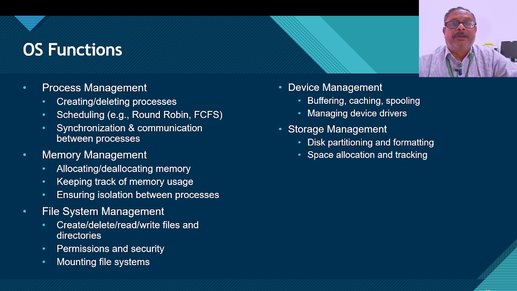Then space allocation, and then tracking where the space is available and all that. And then scheduling, because if one file is stored onto the secondary memory in smaller chunks here and there or all over the disk, then you just can't keep moving randomly as and when it is required.